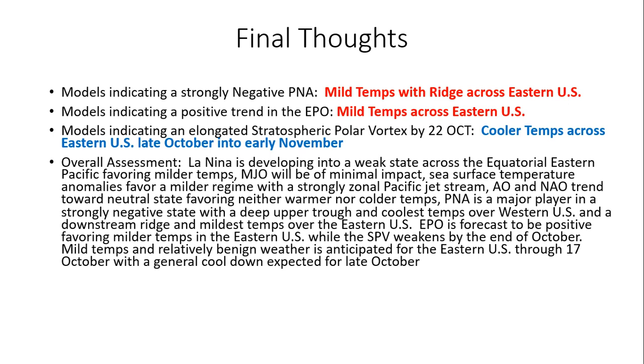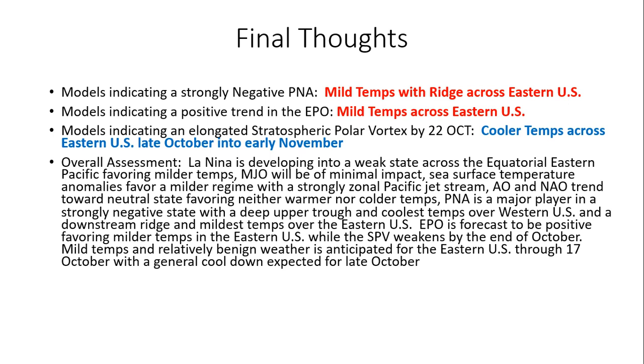The PNA is a major player. It's definitely a major player right now, again, as I mentioned, in a strongly negative state with a deep upper trough and coolest temperatures over the western U.S., and it's been very cool as well up in Alaska. And then we have a downstream ridge and mildest temperatures over the eastern U.S. with this strongly negative PNA.